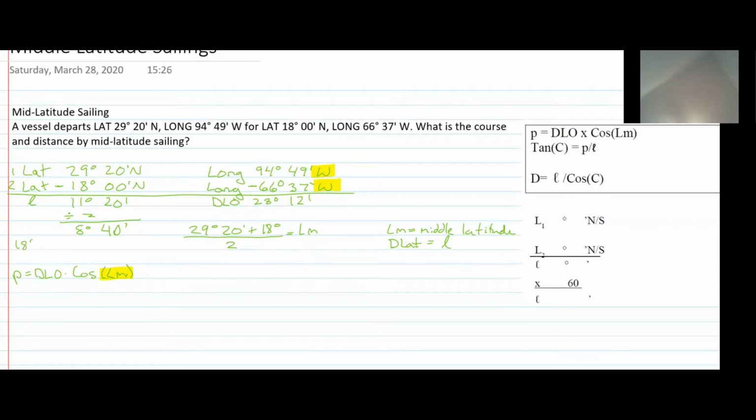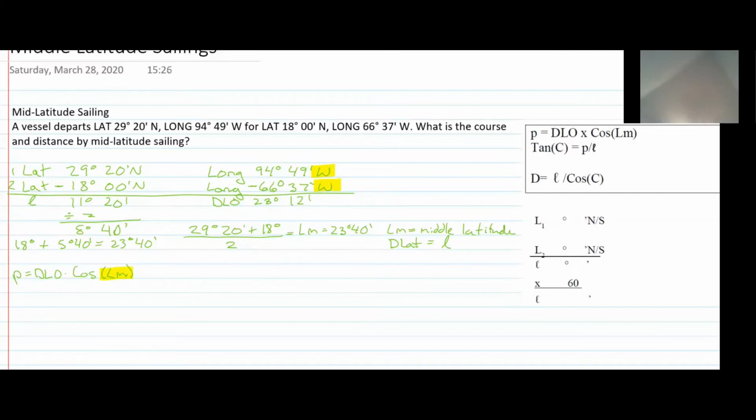So 18 degrees plus 5 degrees, 40 minutes equals 23 degrees, 40 minutes. And this would be the same as if you had taken the average in this particular case.